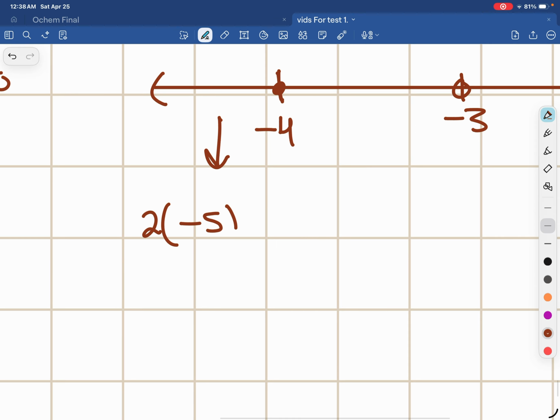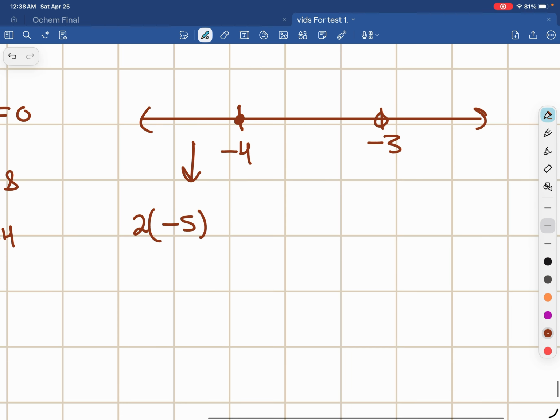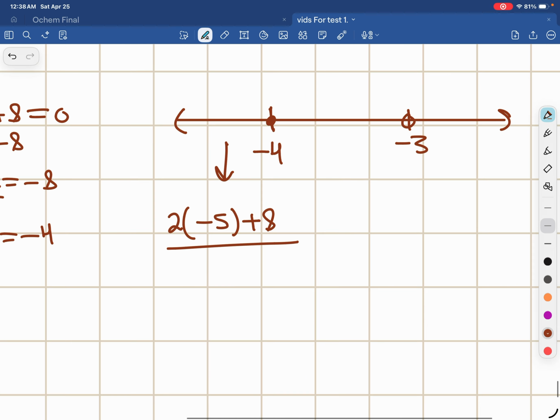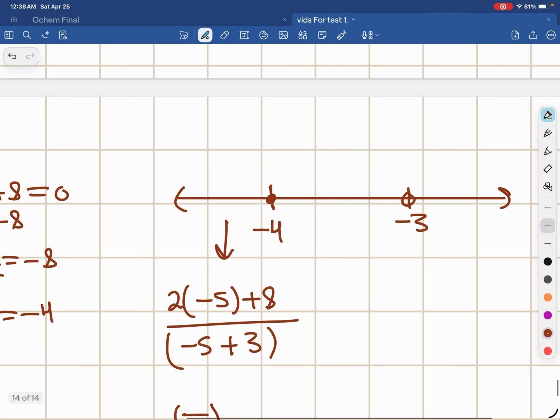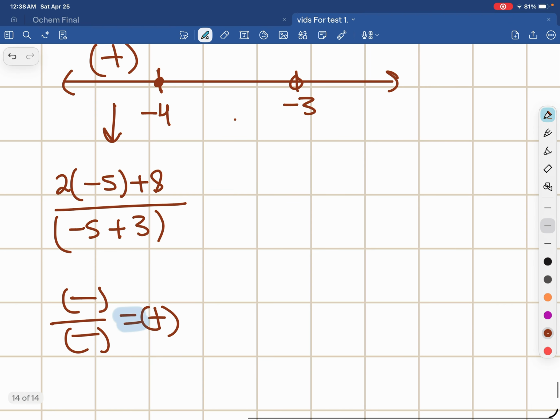2 times negative 5 plus 8 all over negative 5 plus 3. So right off the bat, we'll have negative 10, so we have a negative on top. And this value here will be negative again. So we have a negative divided by a negative, which will give us a positive value. Let's do our second area.